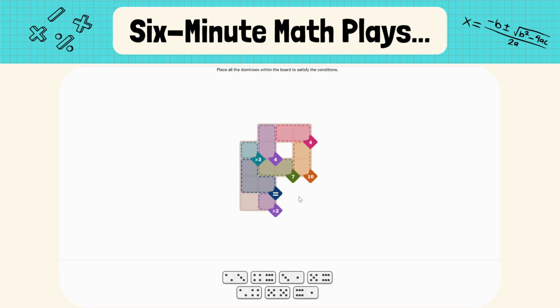We have a 4. We have a 3 equals this 10. So I know that's a 6 and 4 or 5 and 5. Greater than 2. Greater than 3. Okay, so I'm going to look at this equals first. This 3 equals is either going to be 5s or 6s.